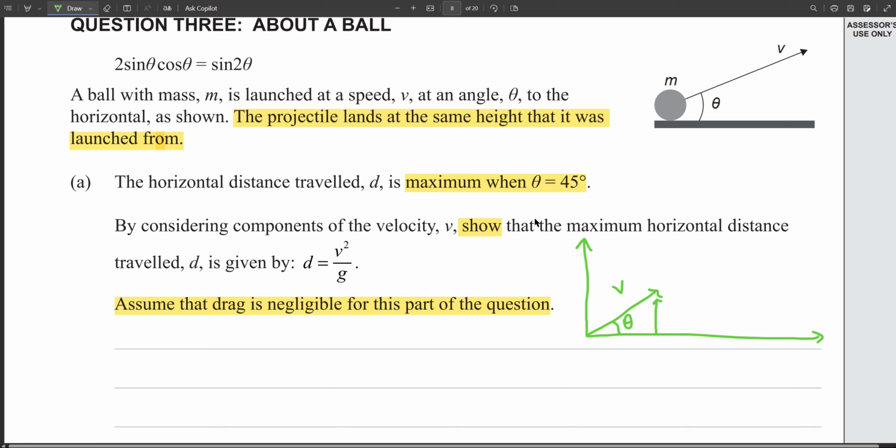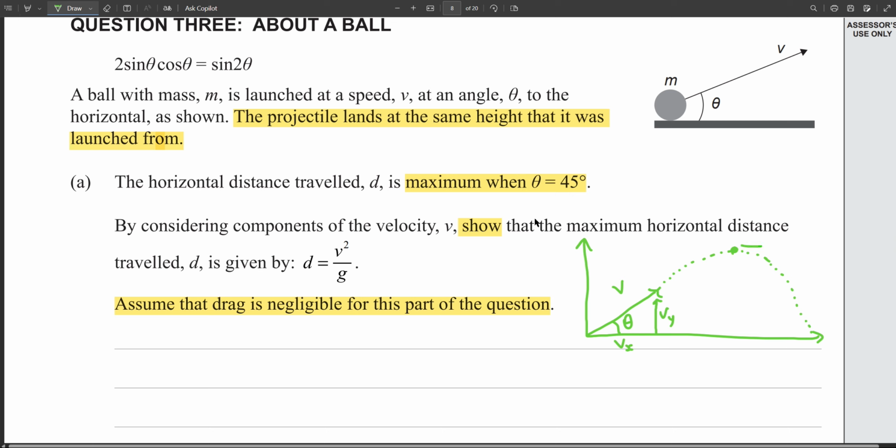You consider the components of its velocity, Vy and Vx, right? And it's going to be traveling in this negative parabolic path, right? And at this point here, it's going to be at its maximum height.